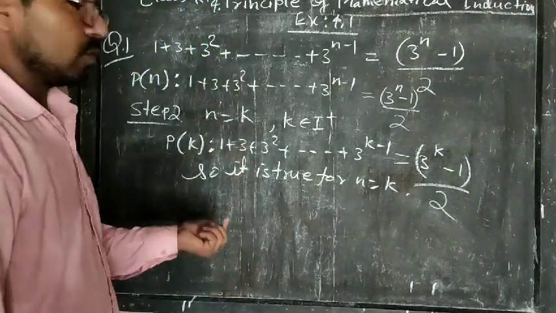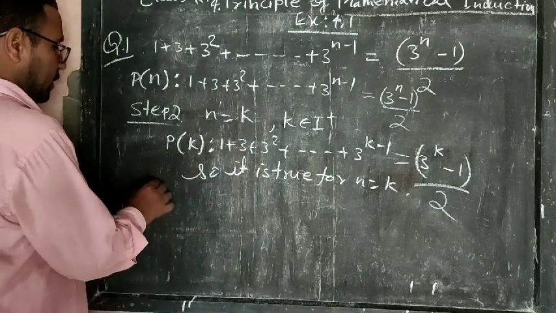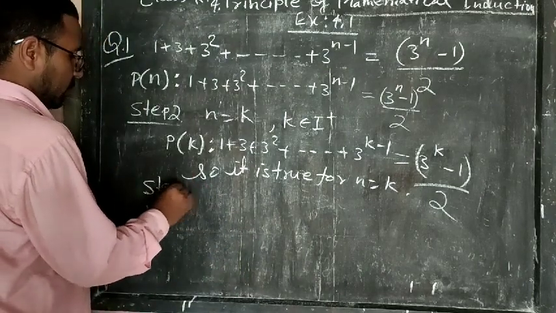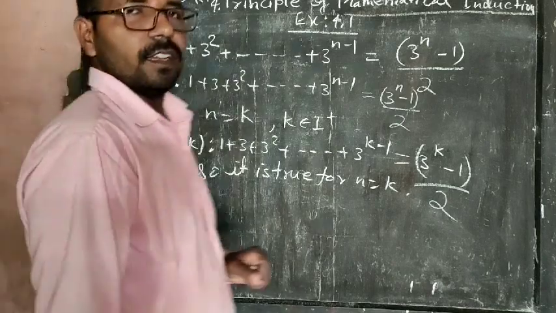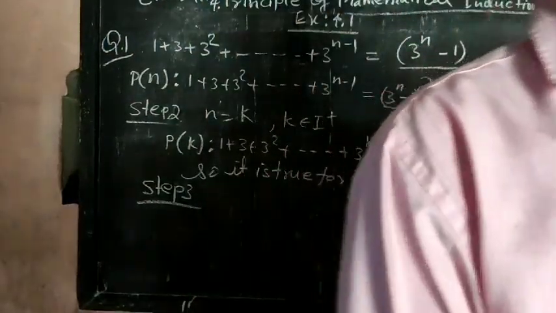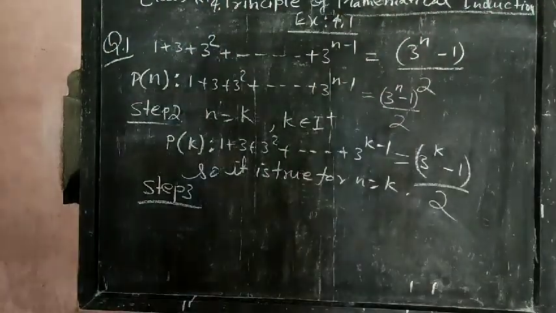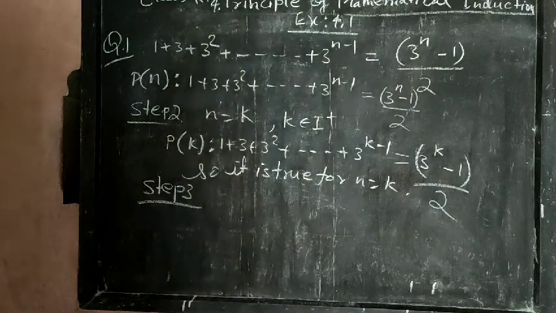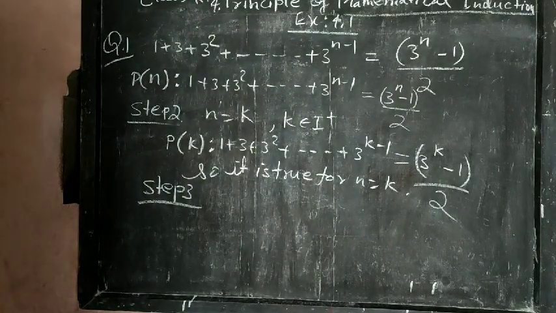Clear? So now the next step is there, step number 3. It will take time, so the video should not become long. So that's why step number 3 you will get in the next video.